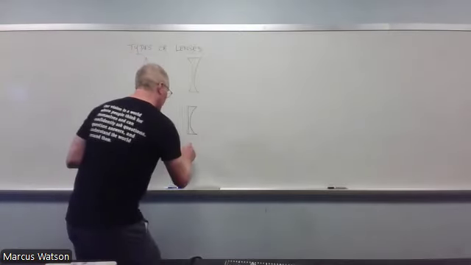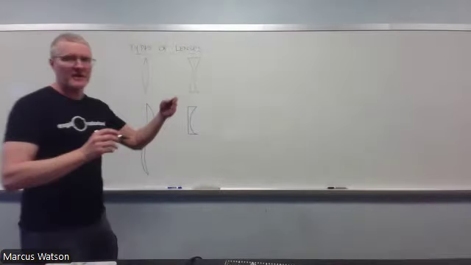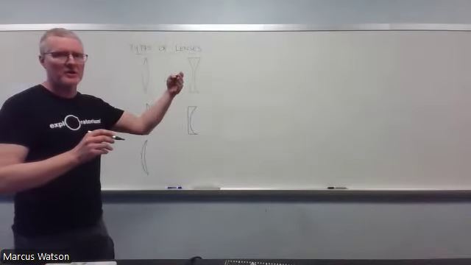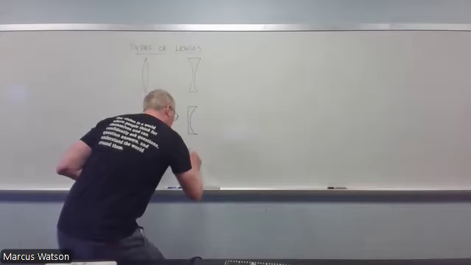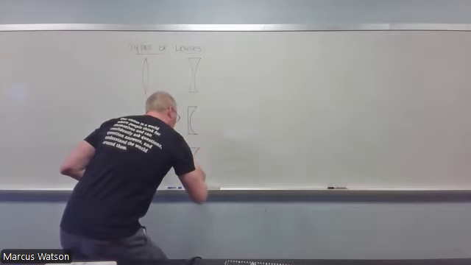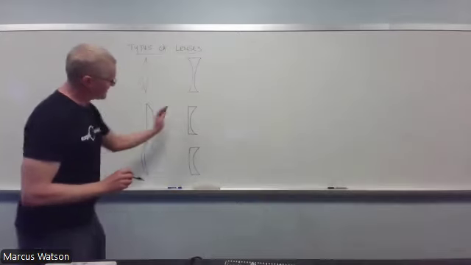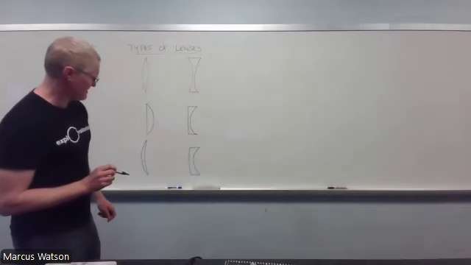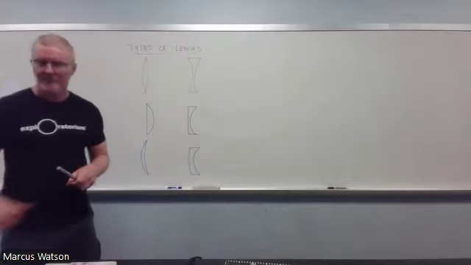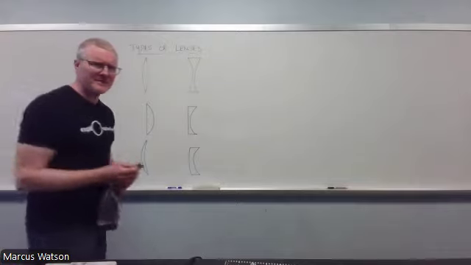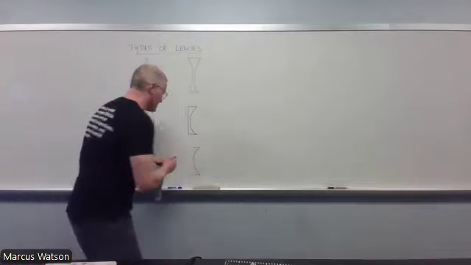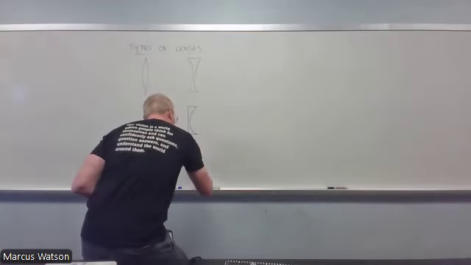Or I could do something like this, where I've got still the same curvature, slightly like this. If I curve that side a little bit, if that helps. I don't know if that showed up quite as well as I wanted it to, so let me curve it a little bit more.